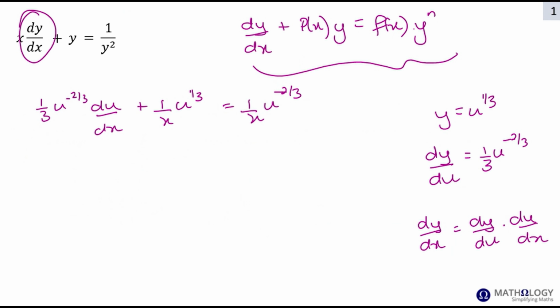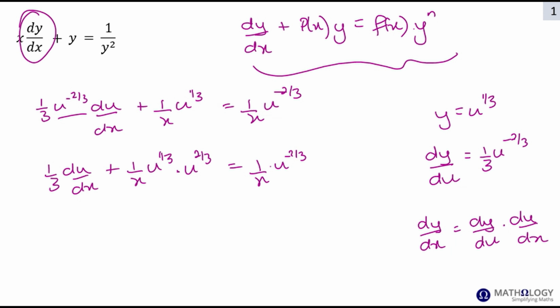Okay, we can clean this up by dividing through by u to the minus 2/3. So we're going to have a third du/dx plus 1 over x u to the third. When you divide by u to the minus 2/3, you're really multiplying by u to the 2/3, equals 1 over x times u to the minus 2/3. Well, u to the minus 2/3 divided by u to the minus 2/3 is 1, so we don't actually have to write that in.